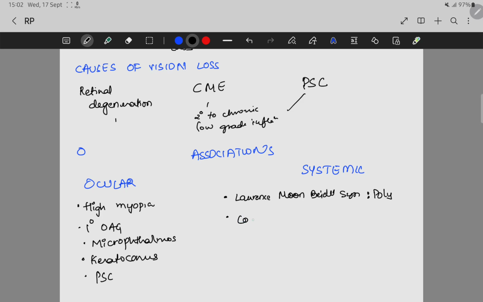And we have Cockayne syndrome, in which there is dwarfism, nystagmus, and deafness, and Refsum disease with ataxia, peripheral neuropathy, and cardiomyopathy. I'm just mentioning the important ones.